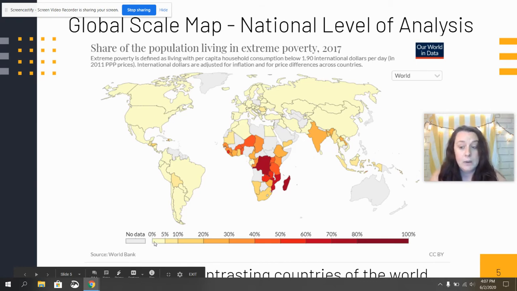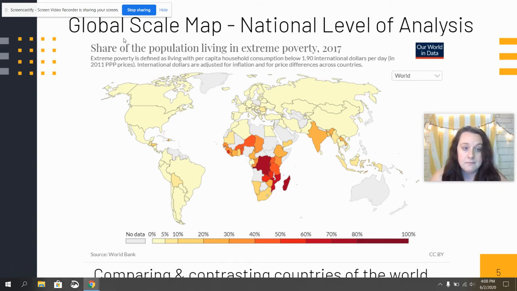So the United States, for instance, is sitting at 0% of our citizens, or people living in the US, living in extreme poverty. Well, I'm sure you know, and I know, that's not true. That's not truly representative of the level of poverty in the United States because this is all relative.